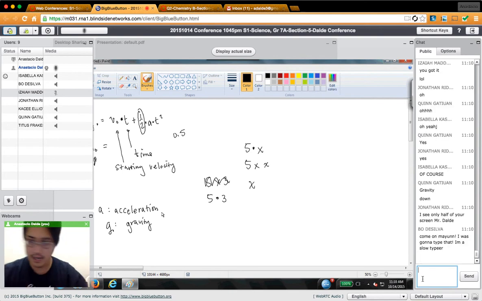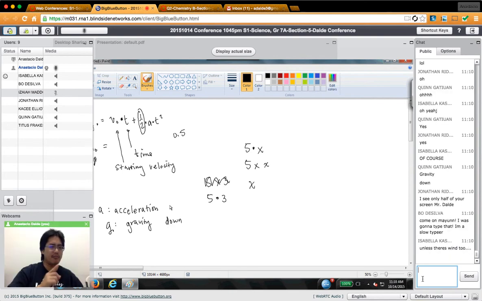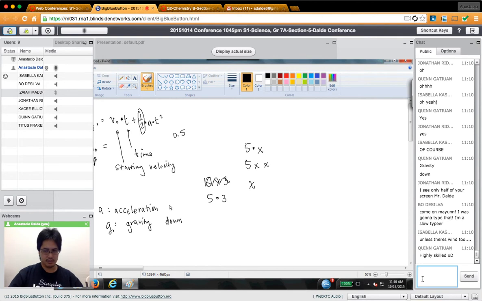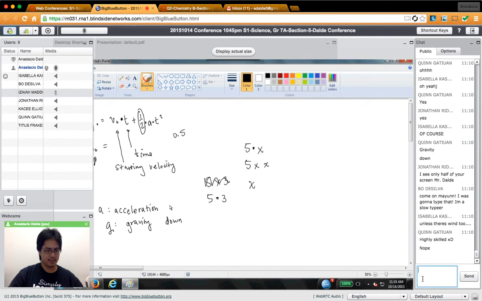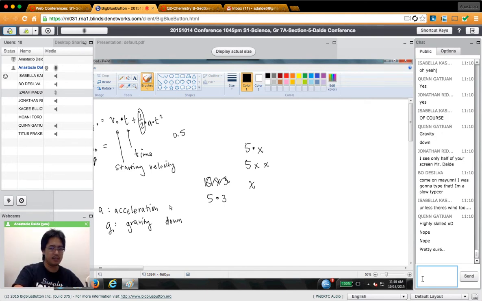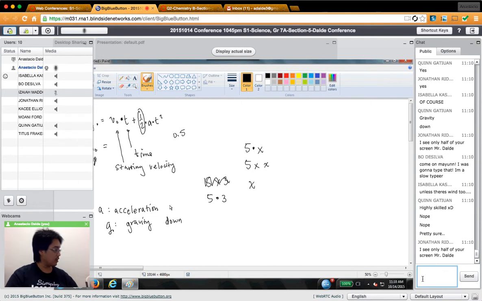It acts down. Does gravity pull me forward? No. Does gravity pull me backwards? No. So gravity acts only in the vertical direction. Are we cool with that? Because this concept is going to come up later. Gravity acts only in the vertical direction.